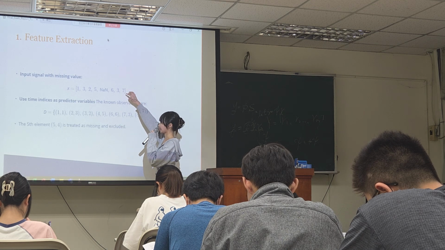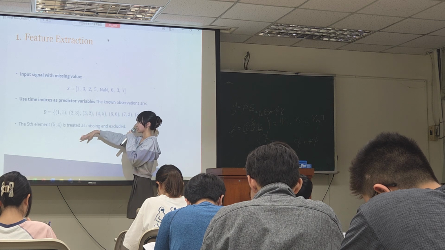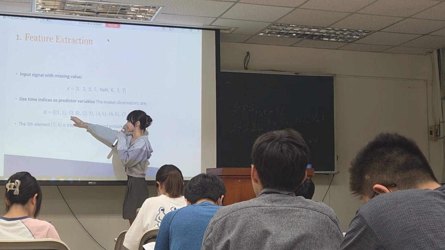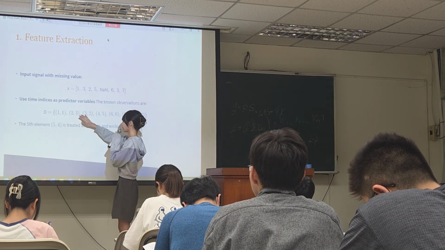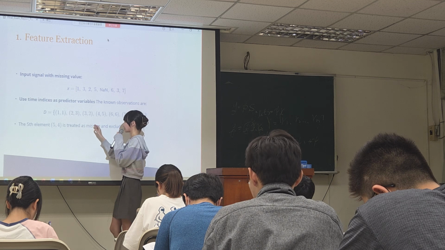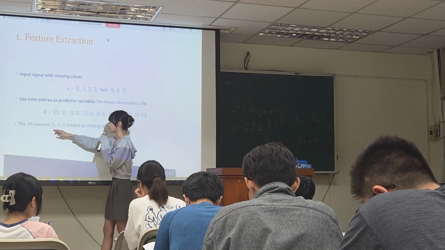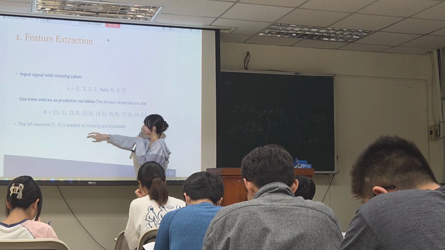In the first state, the missing value is here. We assume X is time and Y is signal, so we can write the points as (1, 1), (2, 3), and (3, 2). Because the 5th element is missing, this is the missing value.